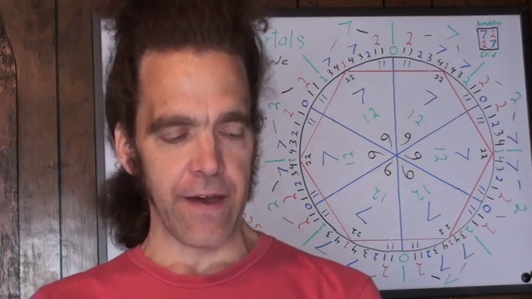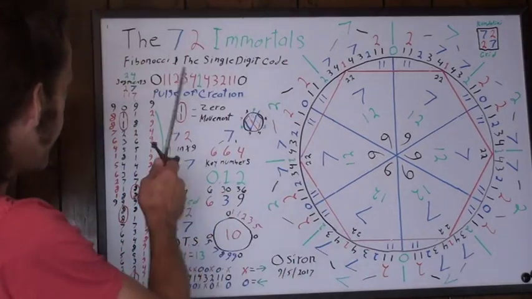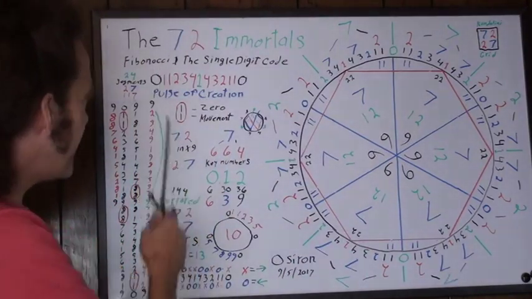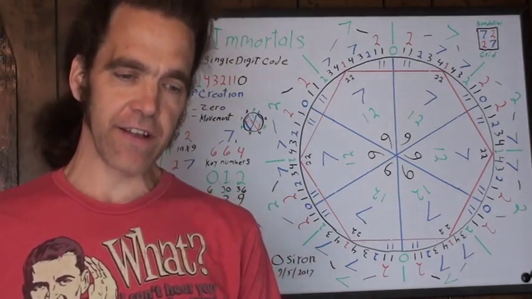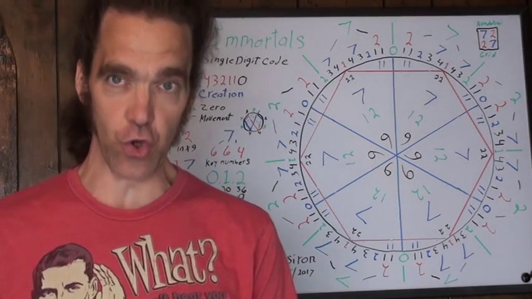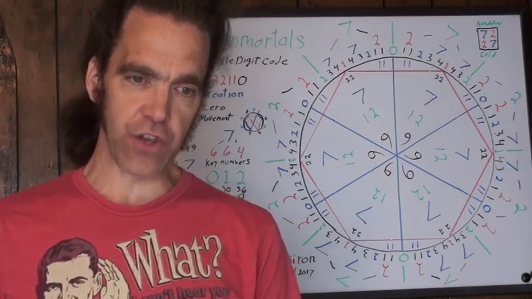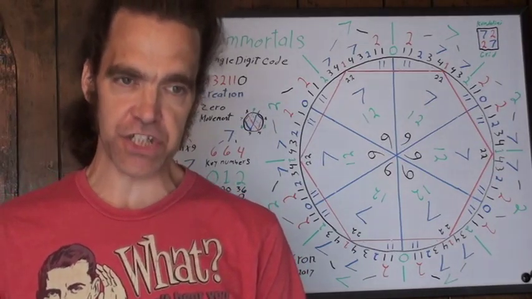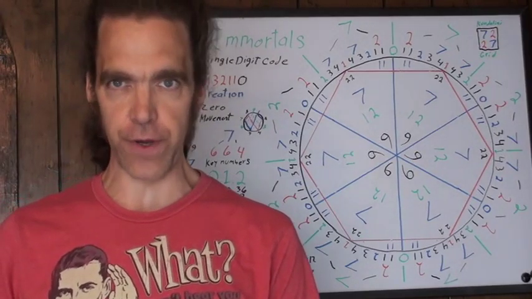I think. What this is going to be is Fibonacci in the single-digit code. Now, this concept of Fibonacci is nothing new, obviously, and there is a code that is created by Fibonacci, and there's two ways people do it.